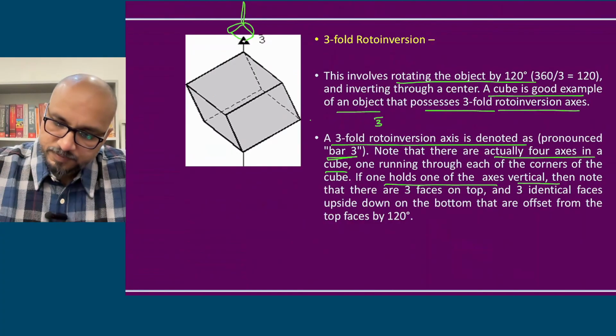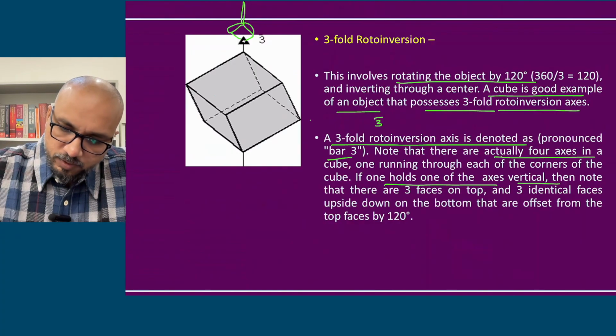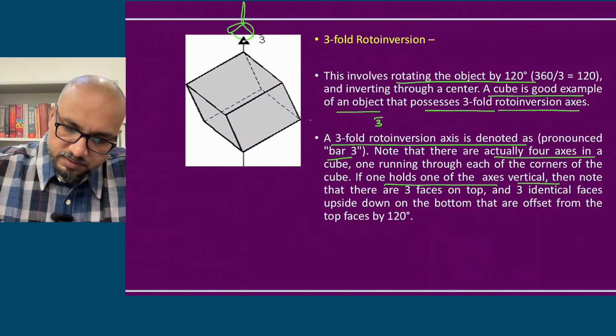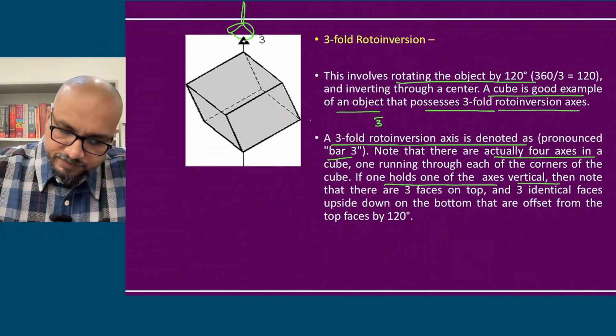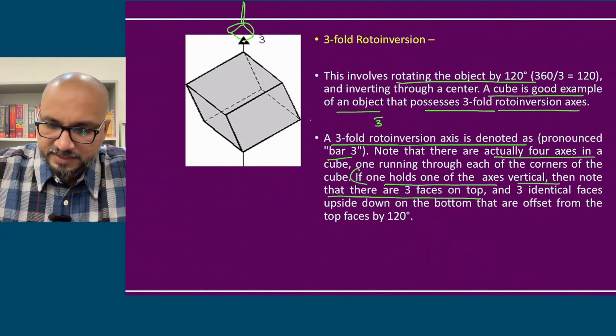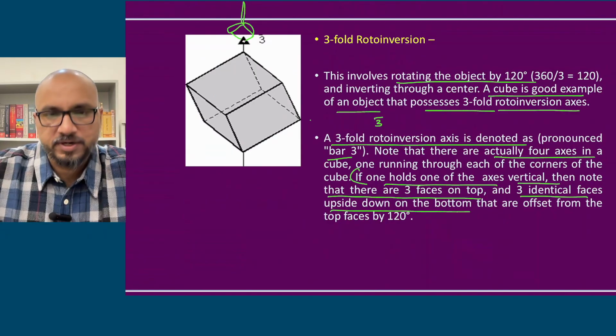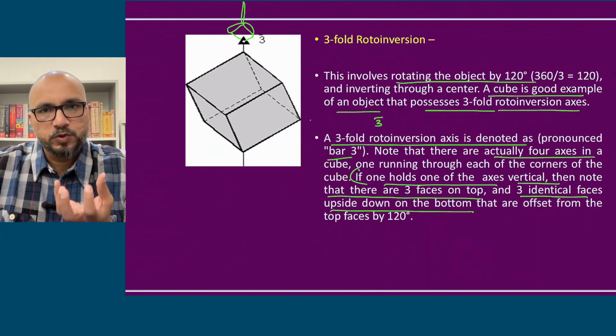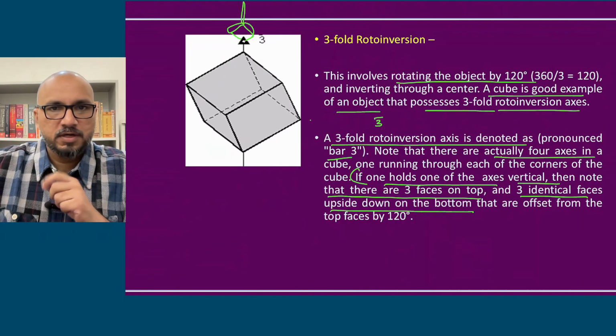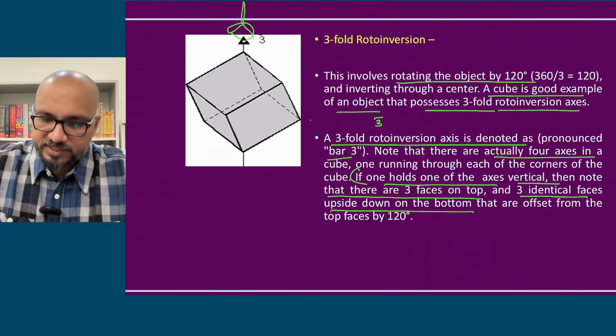So if one holds one of these three-fold roto inversion axes, note that there are three faces on the top and three identical faces upside down at the bottom. So a cube has four such three-fold roto inversion axes.